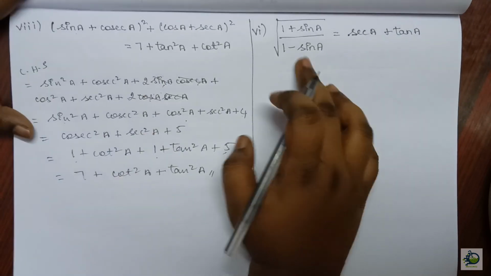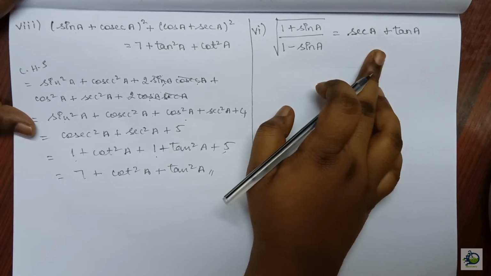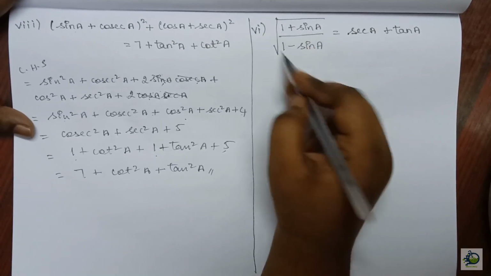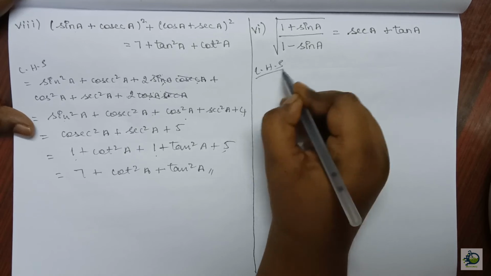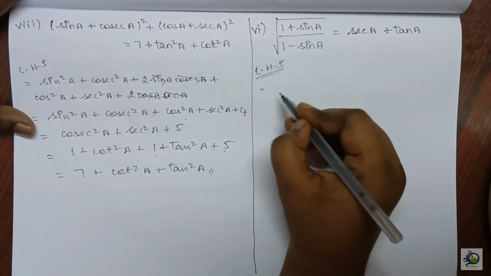Now let's move on to sixth subdivision. It is given as root of 1 plus sin A by 1 minus sin A must be equal to secant A plus tan A. So here we are going to take the LHS and multiply and divide by the denominator. That is, we are going to take conjugate.